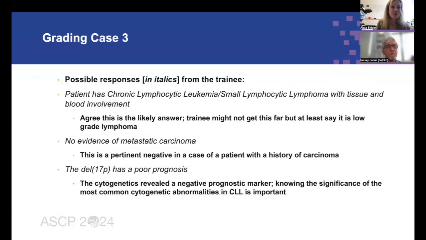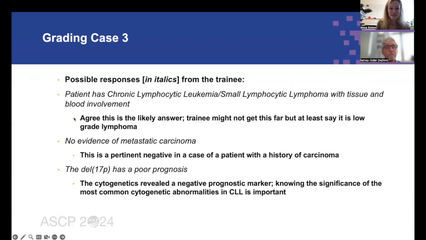If we want to grade this case, I would say that I totally agree that this is a CLL. I could see how a trainee might not come to the conclusion that it's CLL if they forget their immunophenotypes. Hopefully they would know that it's not mantle cell lymphoma without having a cyclin D1 positive immunostain.